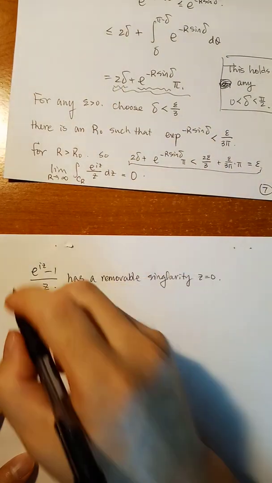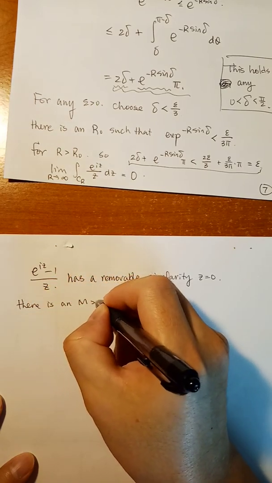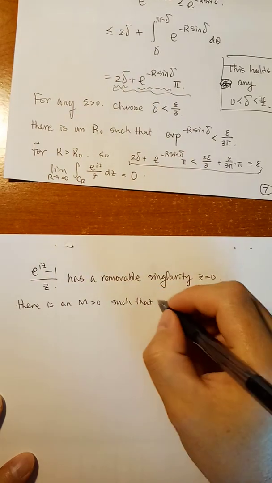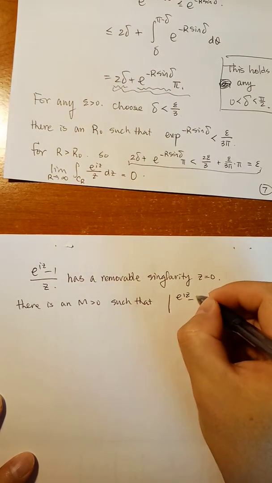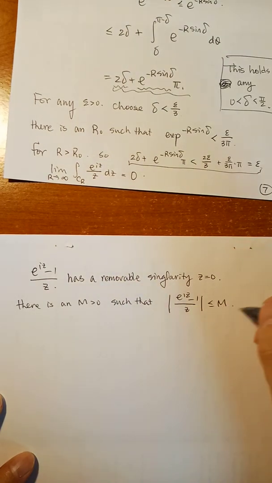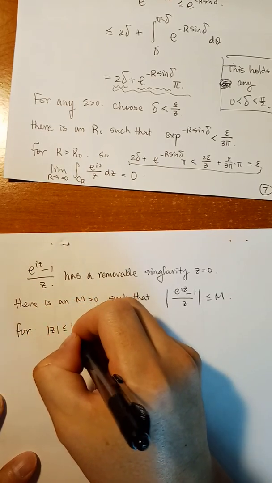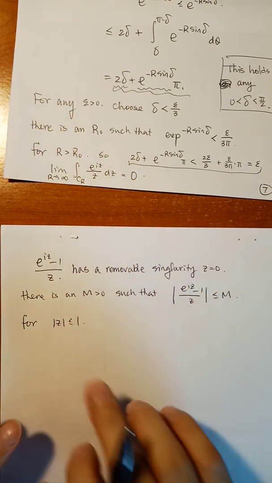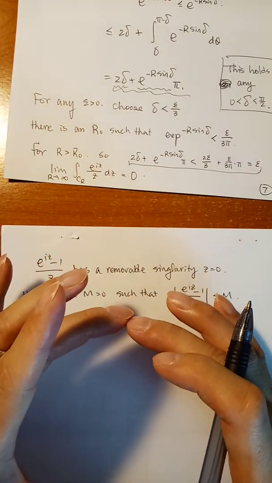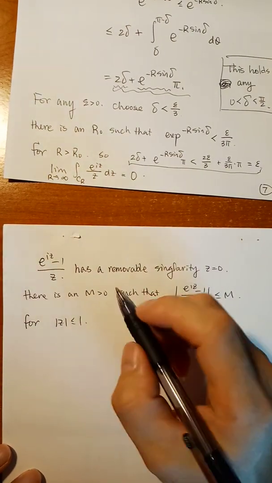So there is a positive M such that it can be controlled by M for absolute value of z less than 1. It doesn't matter whether it's less than 1 or less than 1/2. We just say that in the closed disk, it is bounded.